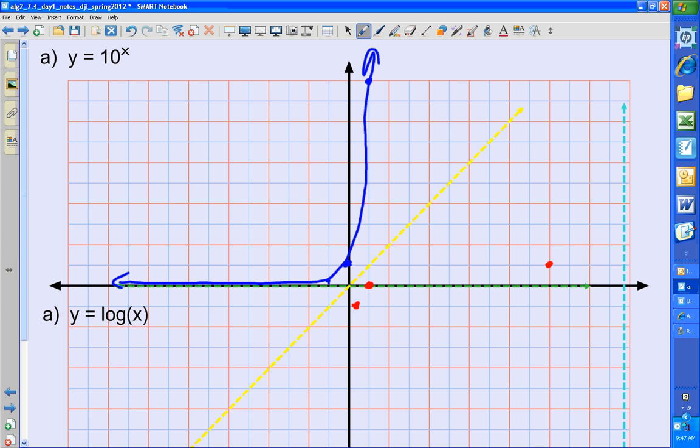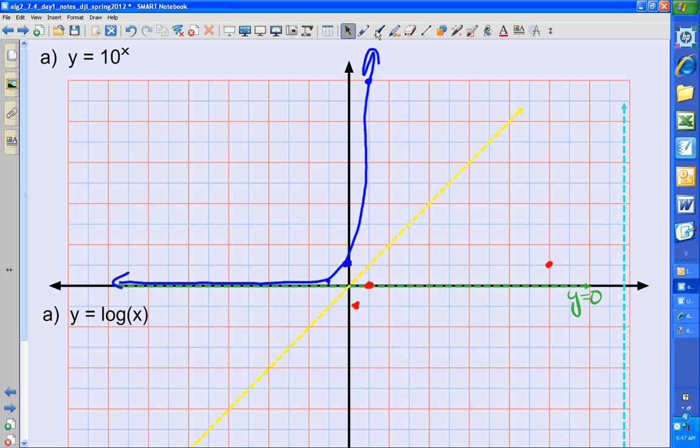You have a horizontal asymptote for y equals 10 to the x. The equation of this asymptote is y equals what? This green asymptote. 0. y equals 0. In the inverse, what will that become? x equals 0.